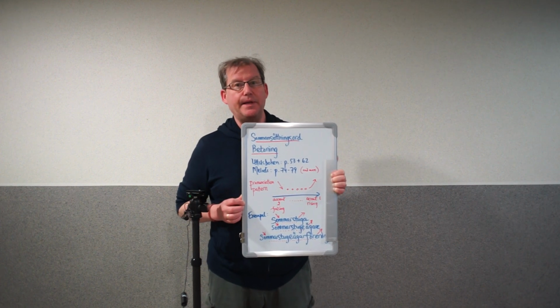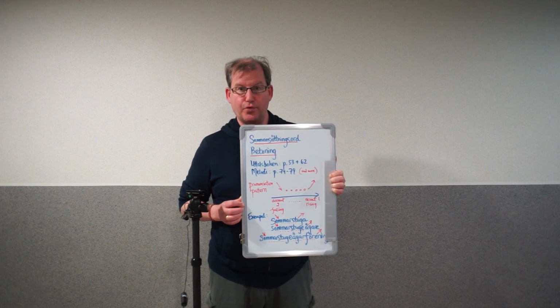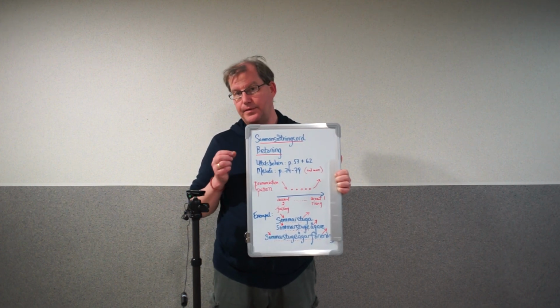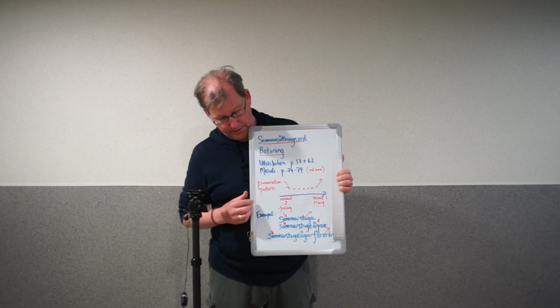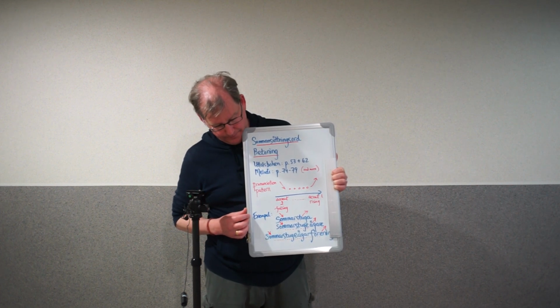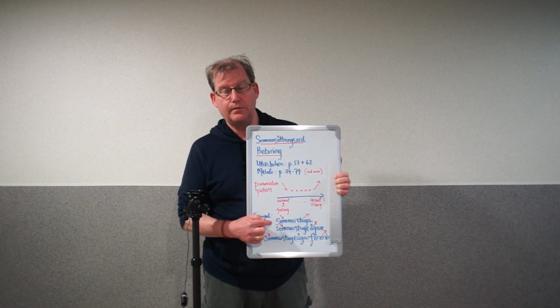Sammansättningsord can be very simple and kind of short, only consisting of two words put together. Let's look at the first example here. Sommarstuga.